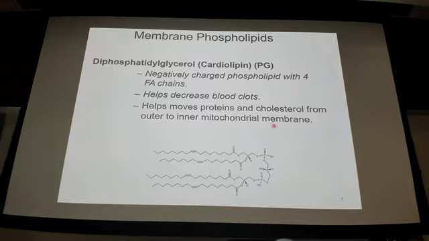This is very important in blood clot formation, and it is found in the inner mitochondria, and it basically helps our body maintain or it facilitates blood clot formations. And so people that do not have this protein or have issues with this protein have issues with blood clot formation.